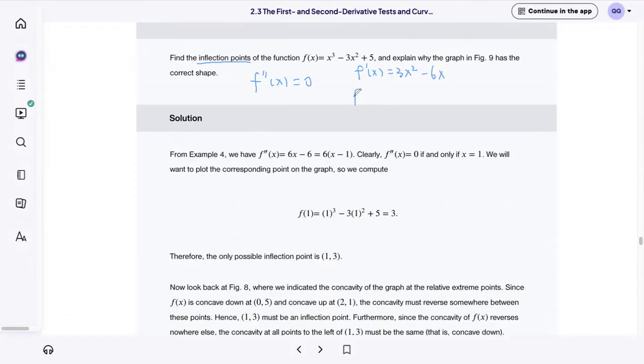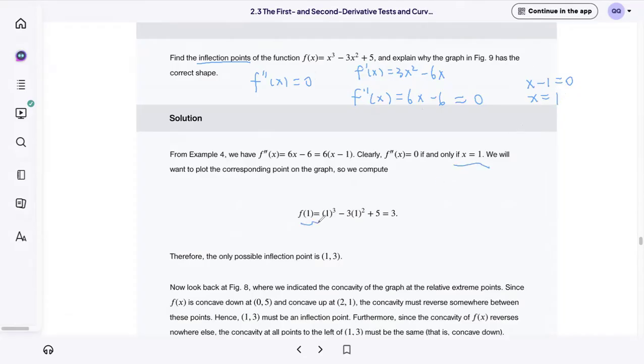That's it. The second derivative is we're taking the derivative of the first derivative: 3 times 2, 6, x minus 6. Then we set this one to be 0. We divide by 6, so we get x equals 1.